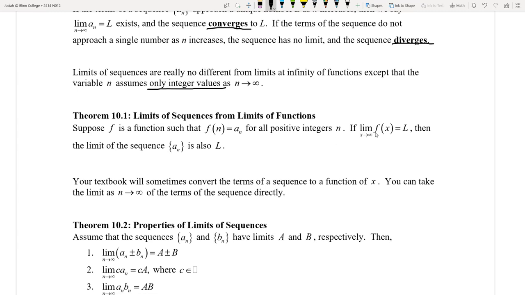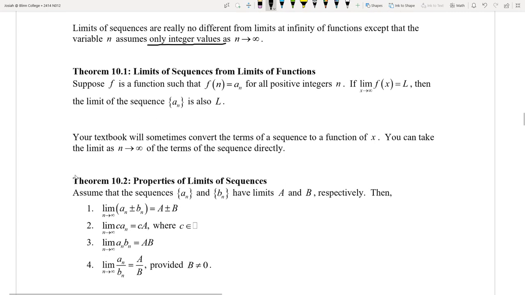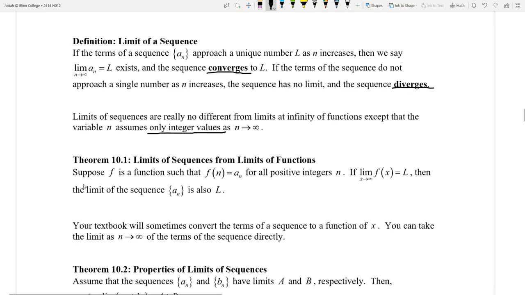If we are looking at a function instead over the real numbers, and we're approaching some limit, then the sequence is also approaching that limit. So sometimes we'll convert to a function. We're just going to let the limit go to infinity, and essentially treat this situation the same as we would for a function, by using this theorem.